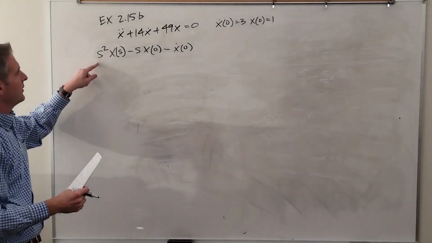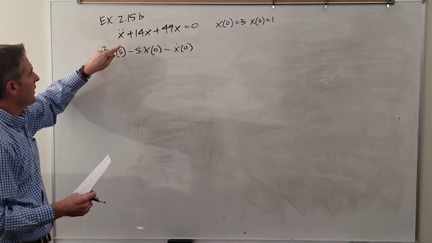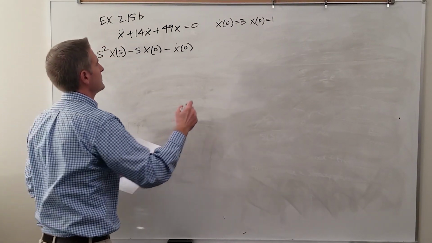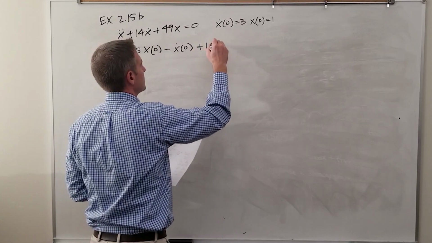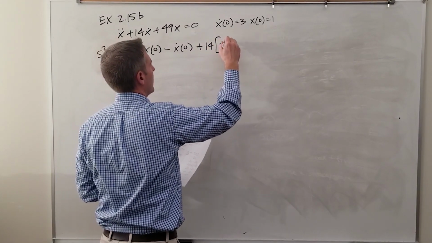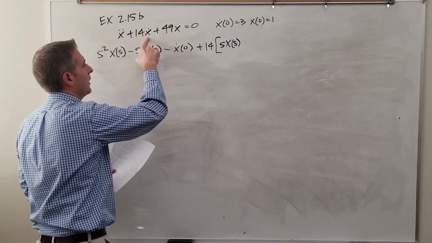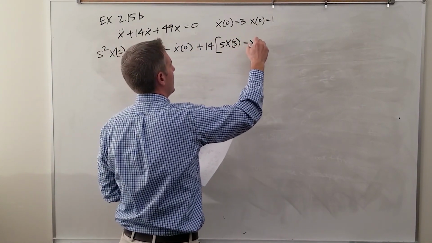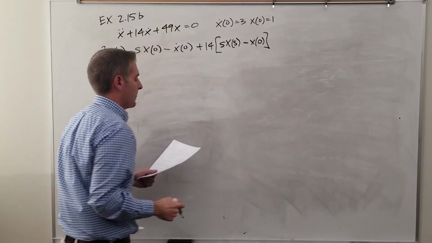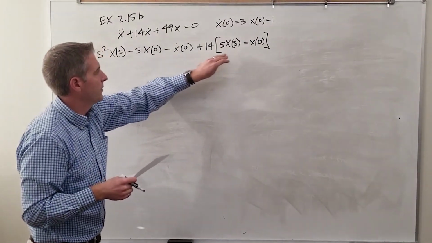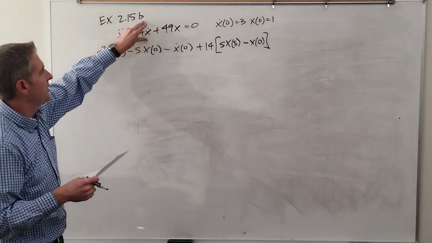This whole set of 3 terms is nothing more than the Laplace transform of x double dot. This set of 2 terms with the 14 in front of it is the Laplace transform of the second term.